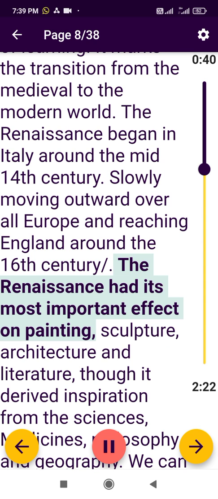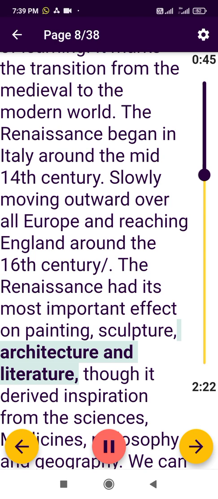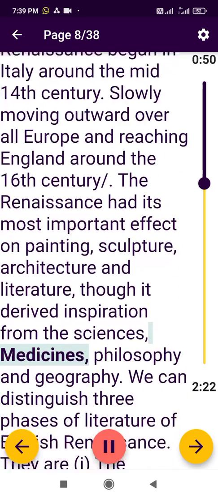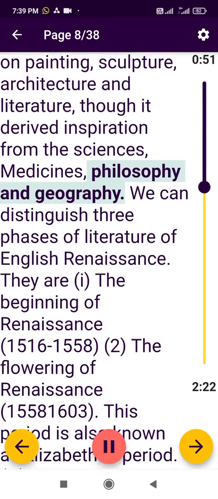The Renaissance had its most important effect on painting, sculpture, architecture and literature, though it derived inspiration from the sciences, medicine, philosophy and geography.